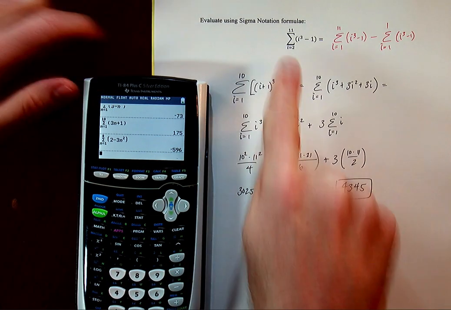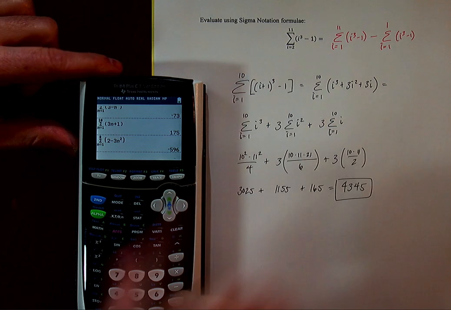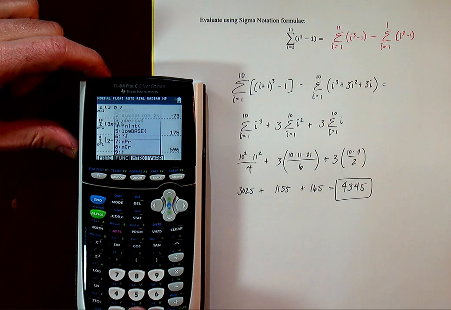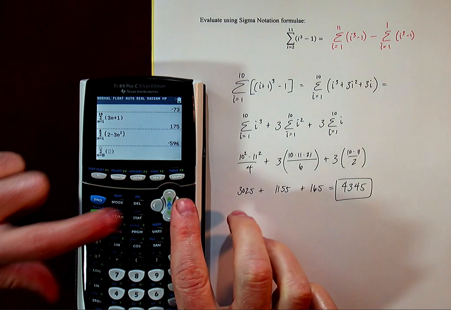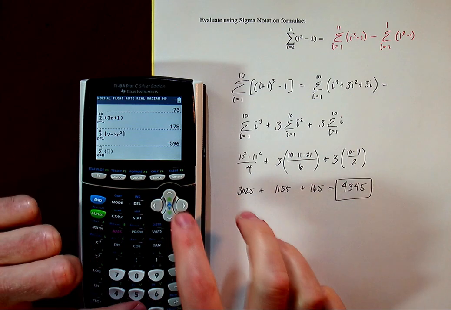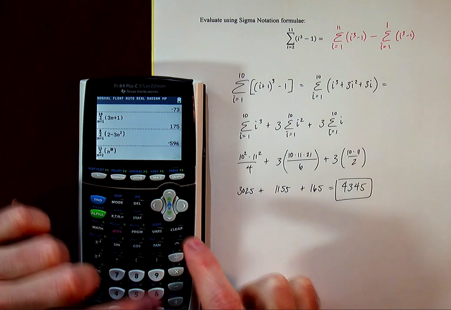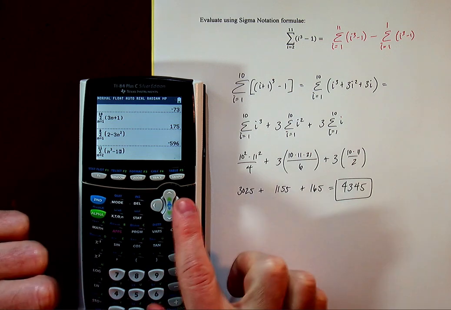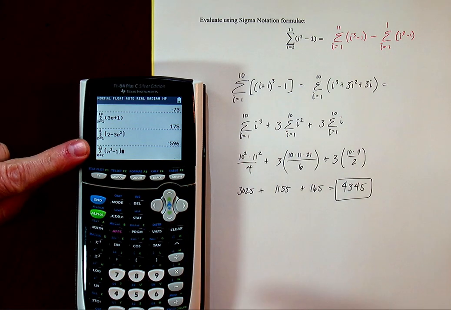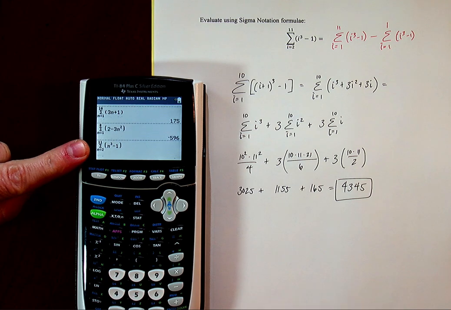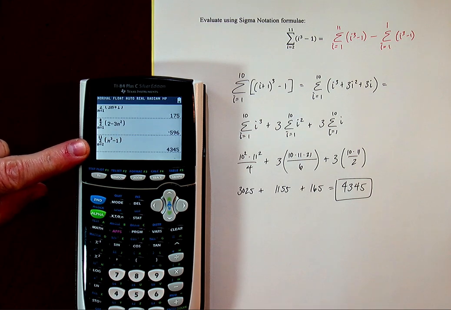Well, let's go ahead and actually look at these. Let's just do this original one right here, what we were given. The sum of n cubed minus 1, starting at 2 to 11. Double check that I plugged it in right. 4,345. Okay.